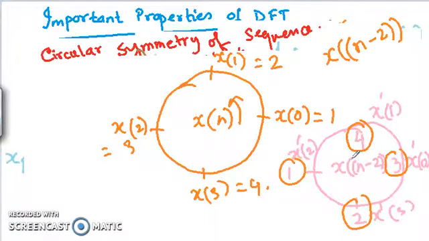When we shift a periodic sequence, instead of the linear approach, we can shift the values in an anti-clockwise direction across a circle, and that is basically circular symmetry. We get the same result as when we shift the periodic signal linearly. Okay, thank you.